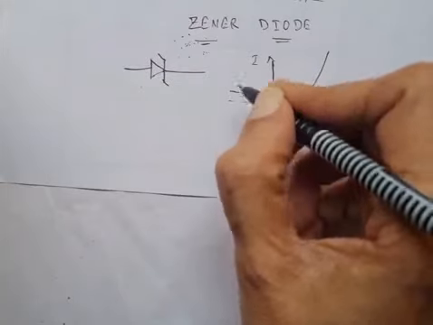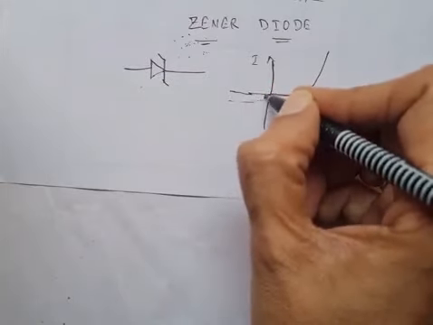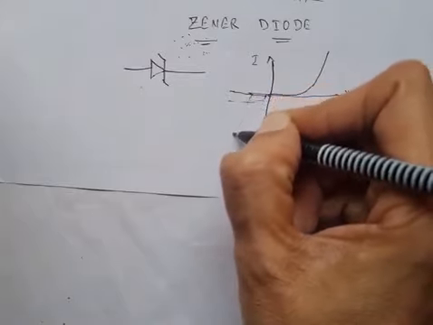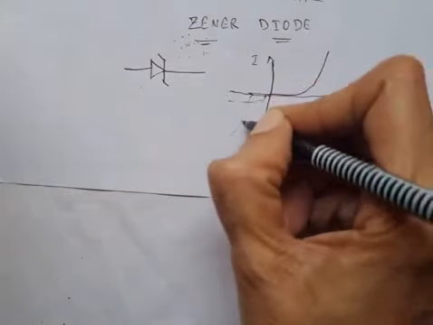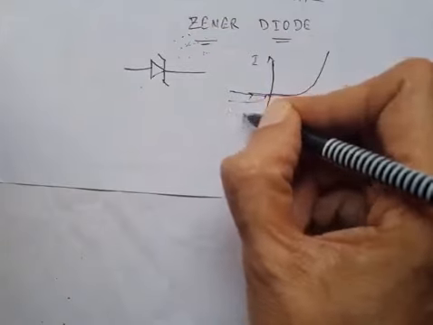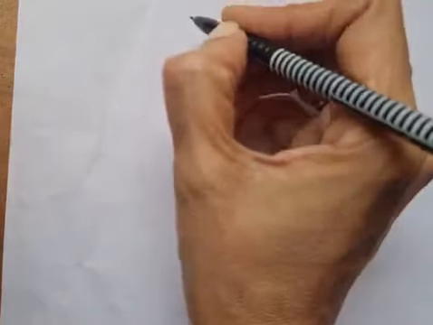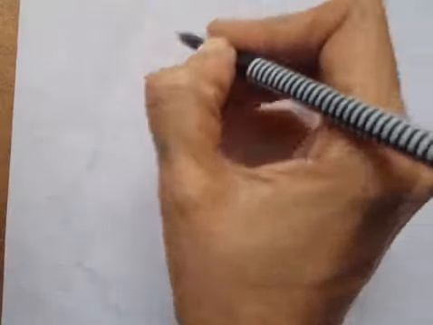In a Zener diode, up to some voltage, after that reverse conduction will occur. How does it occur and what are the properties of this reverse bias? Now we see how the characteristics of a Zener diode work.